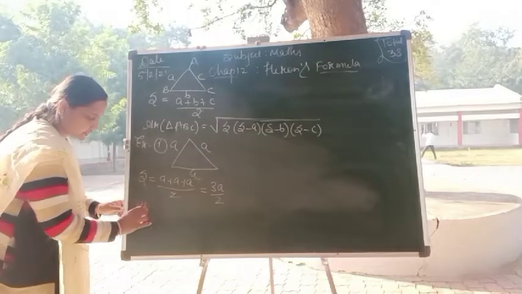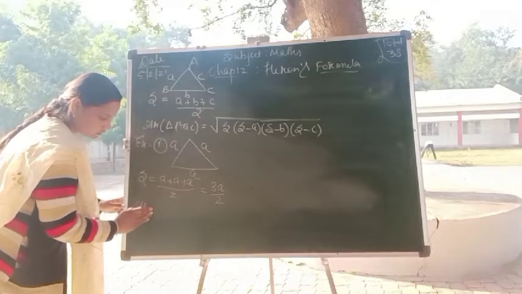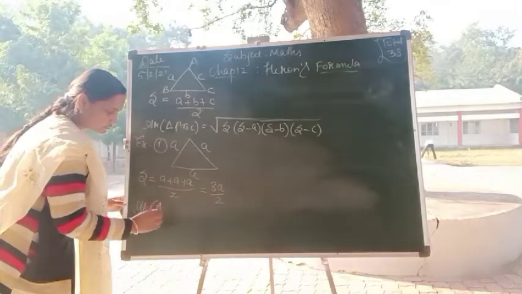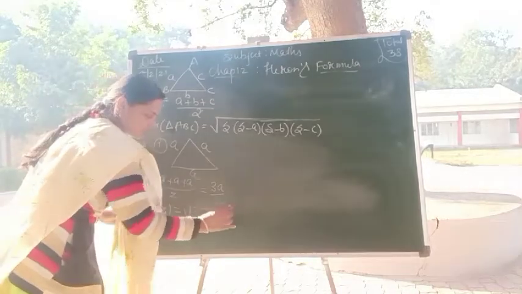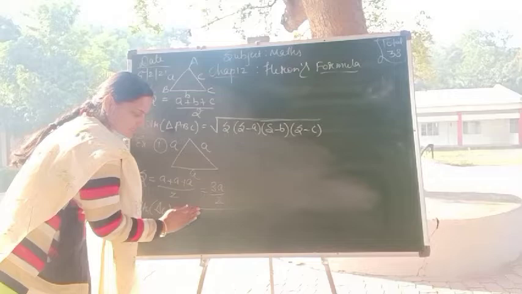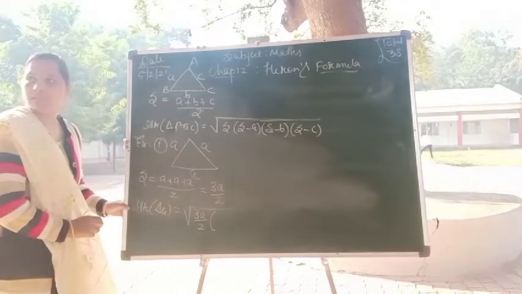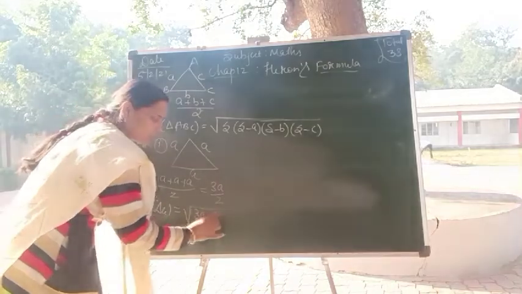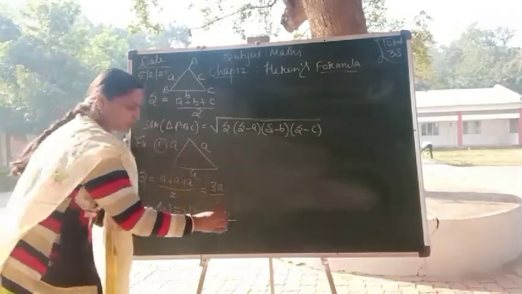Now the area of the triangle equals under root s. s is 3a by 2. s minus a, 3a by 2 minus a.